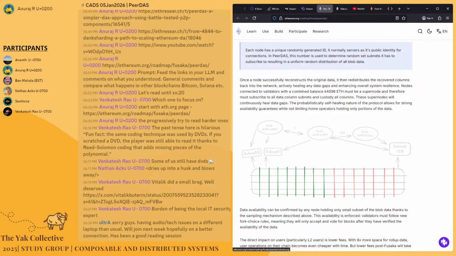And so PeerDAS was implemented to clear out this bottleneck by using polynomial functions, and then the nodes download maybe 1/8 of the data, and you could sample it from different nodes and verify whether the data is correct or not. So basically this is a scaling mechanism for L2. That is what I understood.